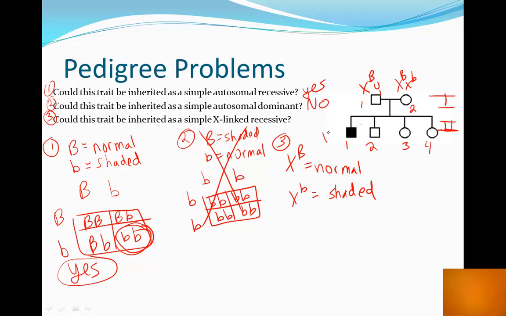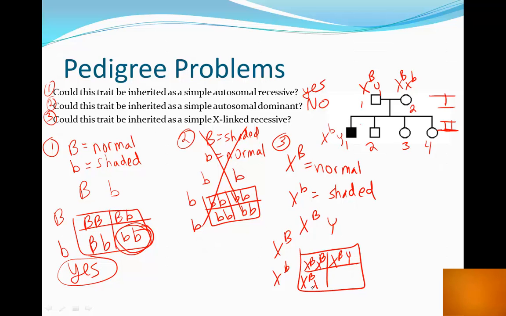And the reason I know this is this child here is X little b Y. Now if we do a cross to test this theory, we get X big B, X big B, X big B Y, X big B, X little b, X little b Y. Notice this is our shaded individual here.